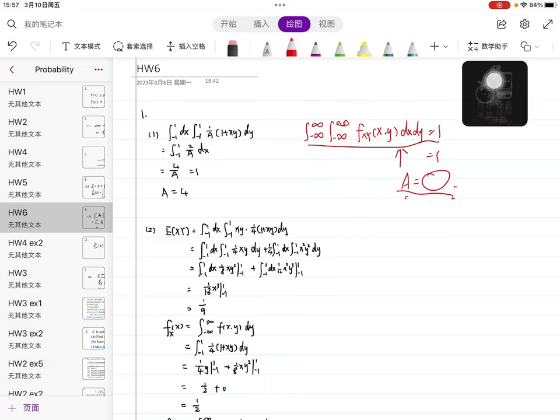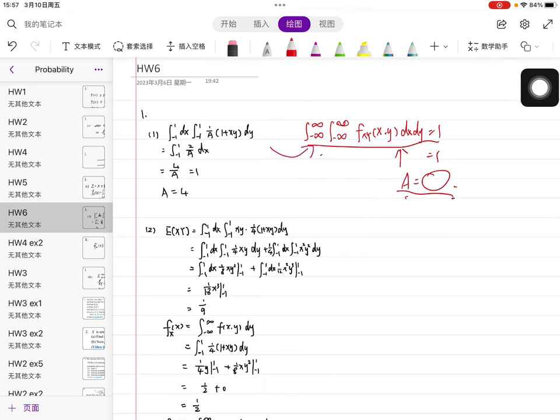We can use this to solve the problem. The absolute value of x is smaller than 1, and y is smaller than 1 as well. So x is between -1 and 1, and y is between -1 and 1. That's why we could write this.